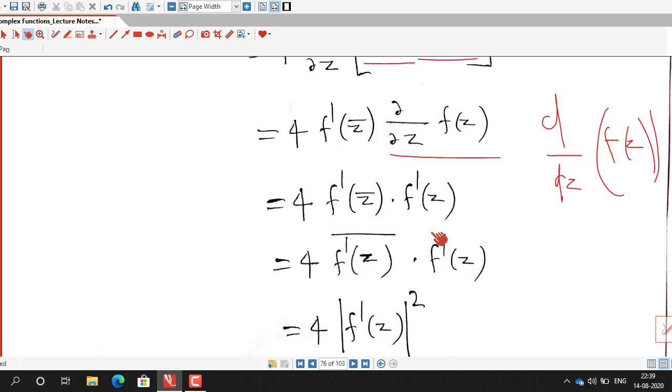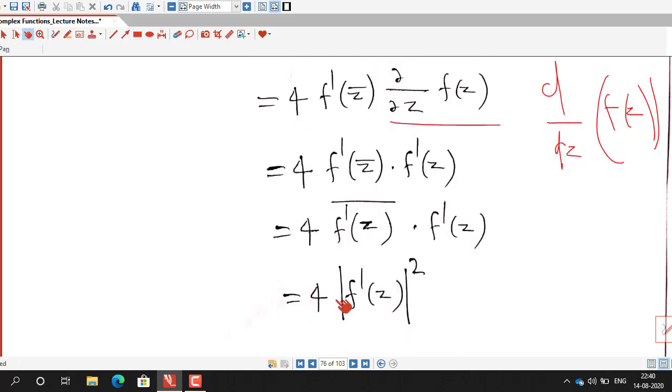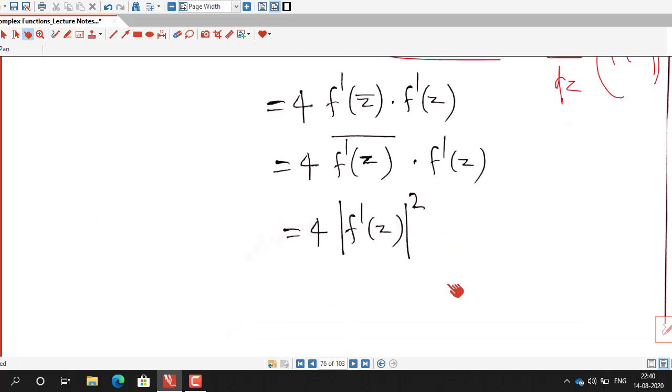So therefore, and again we are using this property, f dash of z bar is nothing but conjugate of f dash of z. So conjugate of f dash of z into f dash of z, that is going to be mod f dash z whole square.